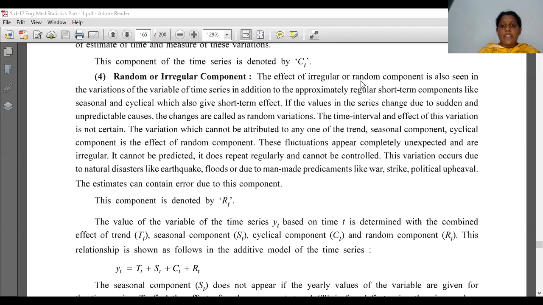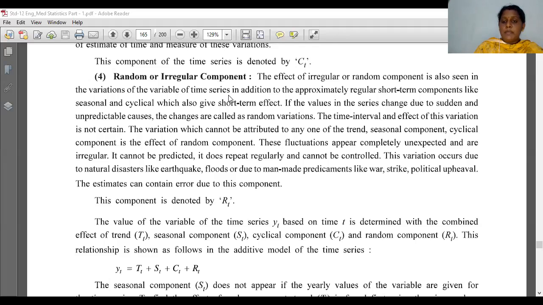The effects of the irregular or random component are also seen in the variations of the time series, in addition to the approximately regular short-term components like seasonal and cyclical. If the values of the series change due to sudden unpredictable causes, the changes are called random variations.